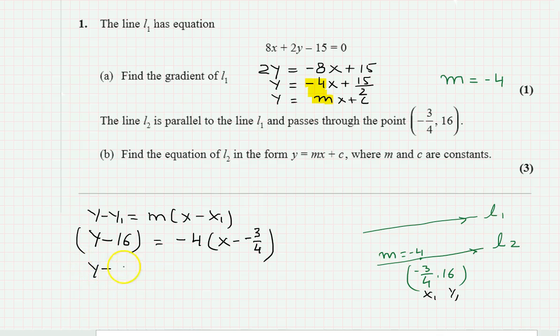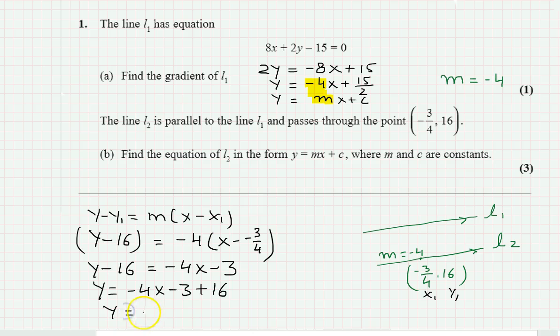So y minus 16 is equal to minus 4x, minus, this minus 4 will cancel, so this is plus 3, so it will be minus 3. So y will be negative 4x, negative 3 and plus 16.